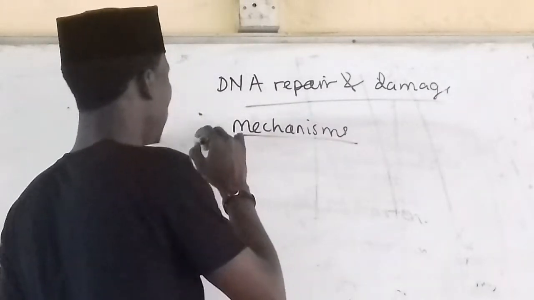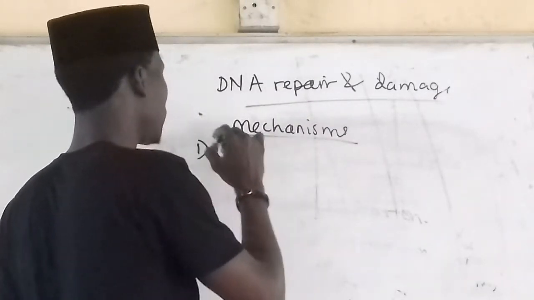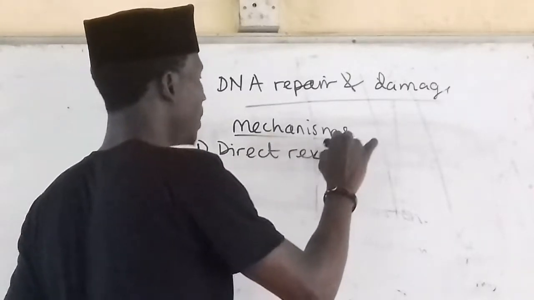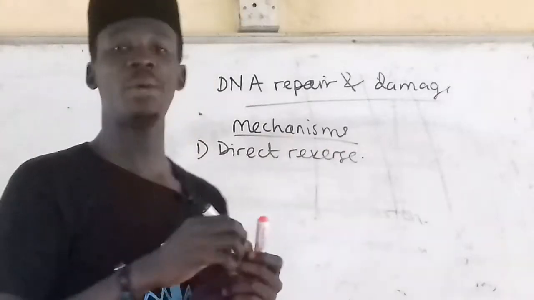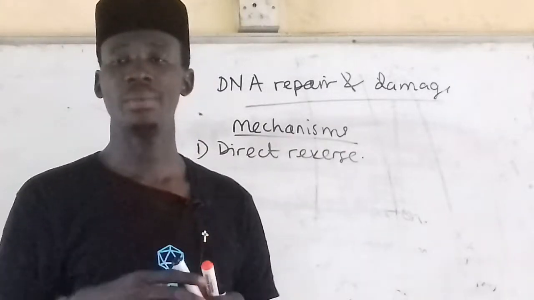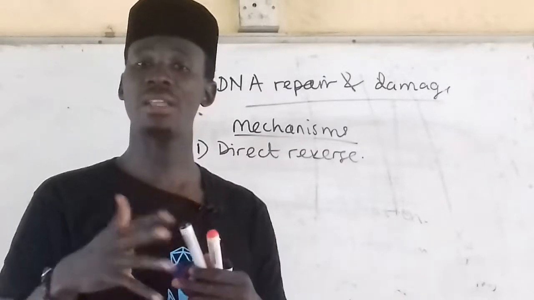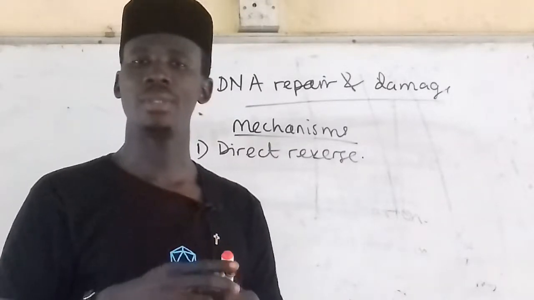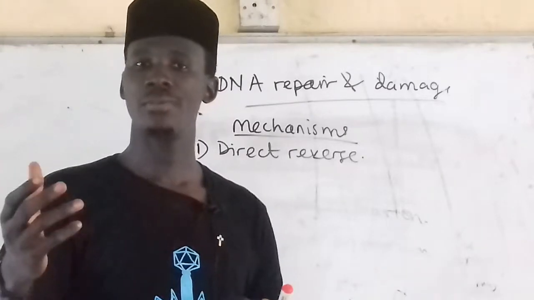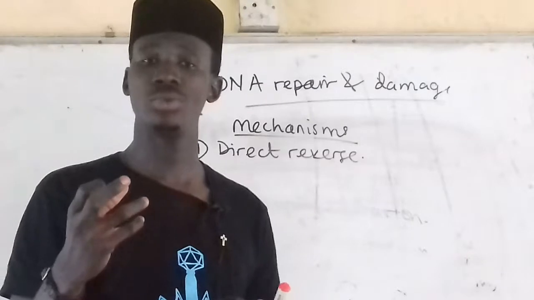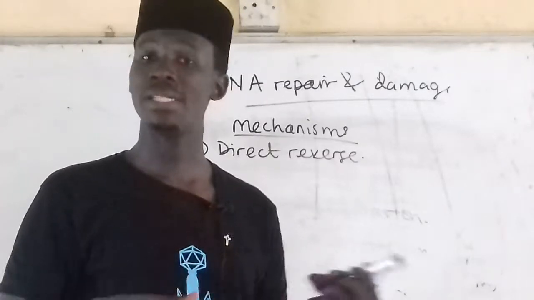Now the first mechanism is direct reversal. What it means is that the damages can be simply reversed. For example, cross linkages caused by exposure to UV, ultraviolet rays or radiation, can lead to certain pyrimidine dimers, as I earlier said.